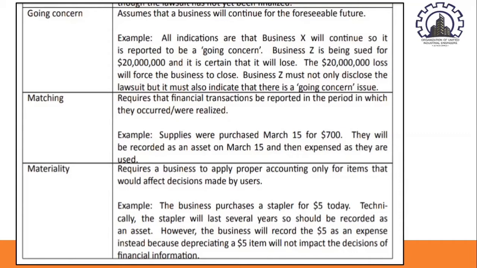However, the business will record the $5 as an expense instead, because depreciating a $5 item will not impact the decision of financial information. Okay, so you should be materialistic. What I mean by that is that you should weigh your options on whether it would affect your decision or not.